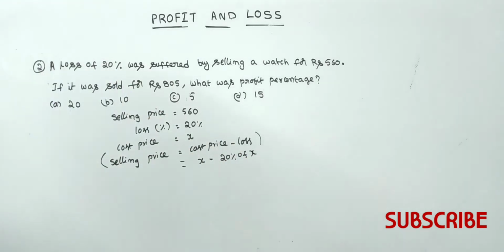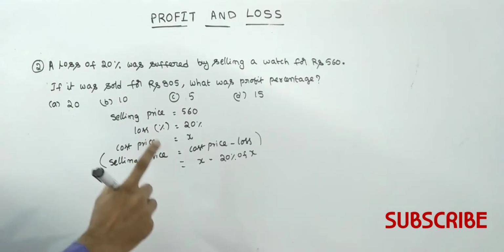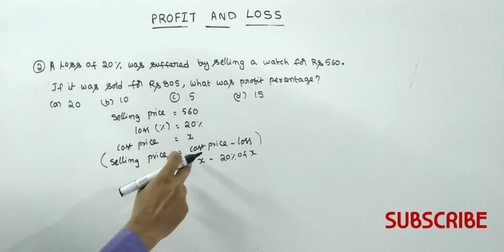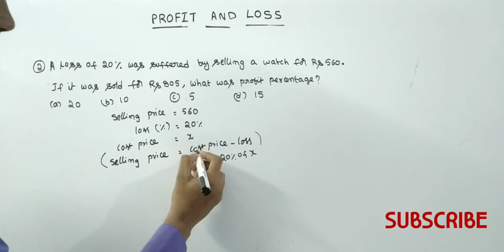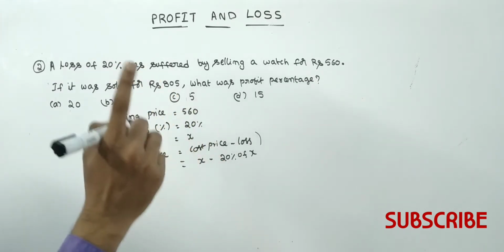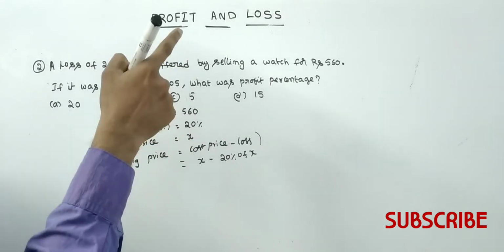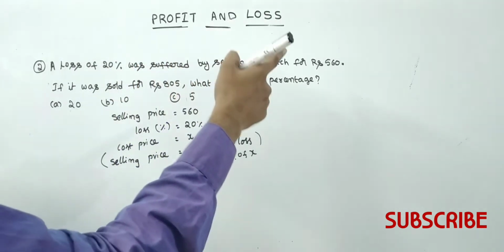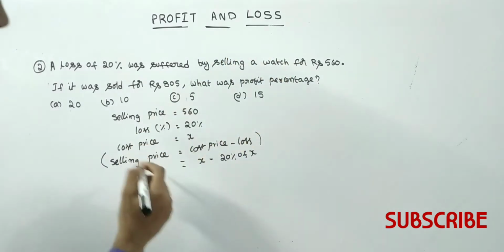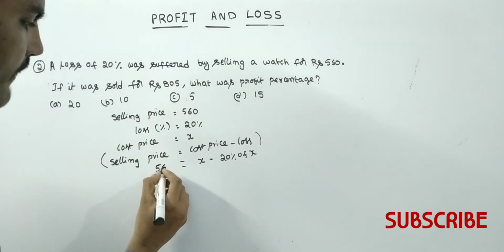See friends, every time we should compare the percentage with cost price only. Cost price is X. Then he lost 20% on the cost price when he sold the item for 560 rupees. That means selling price equal to 560.